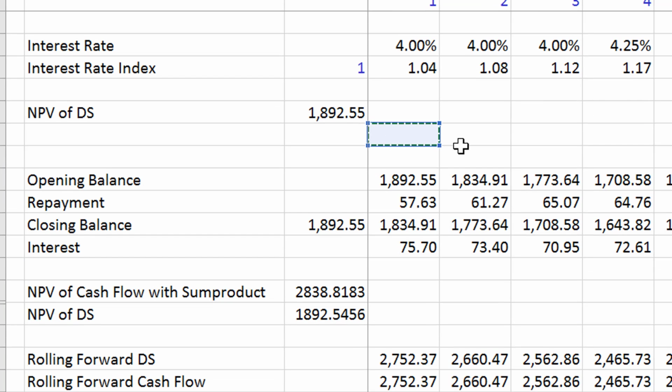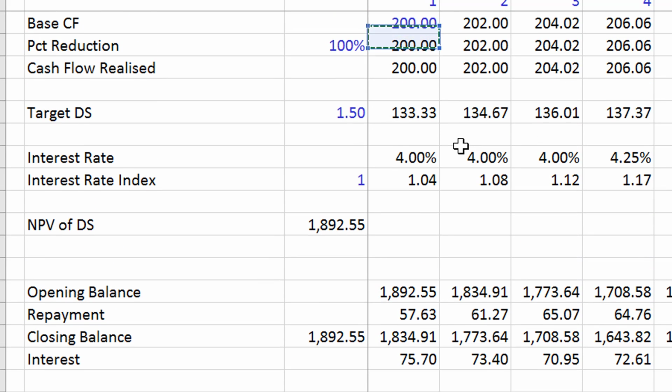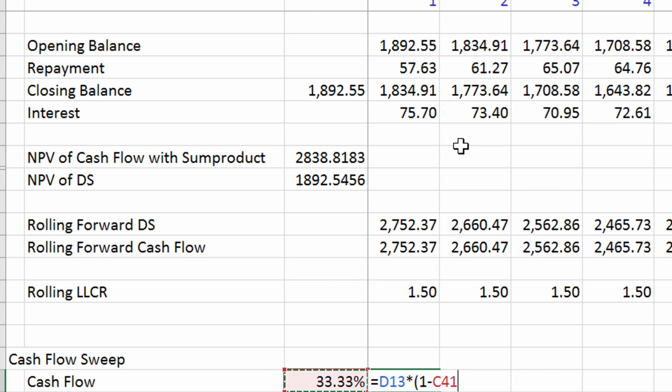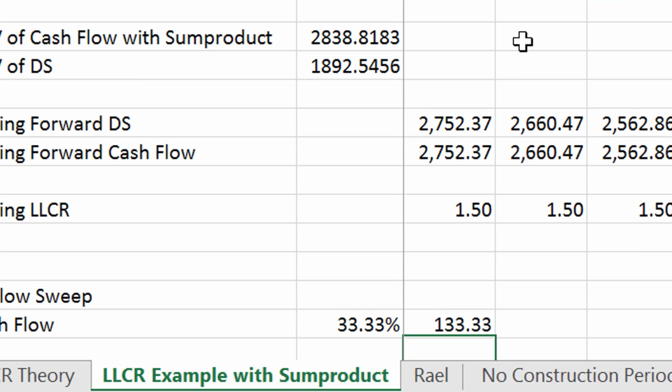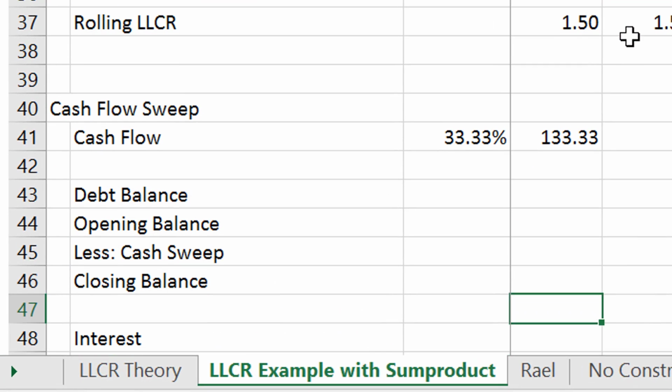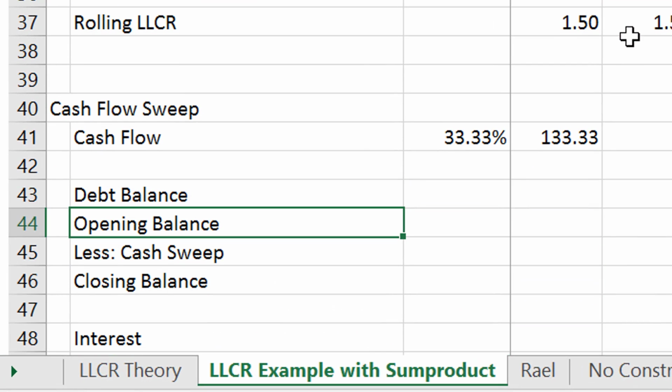Then let's multiply that cash flow times 1 minus the 33%. If I did this right, then the debt balance with a cash flow sweep should be exactly 0.